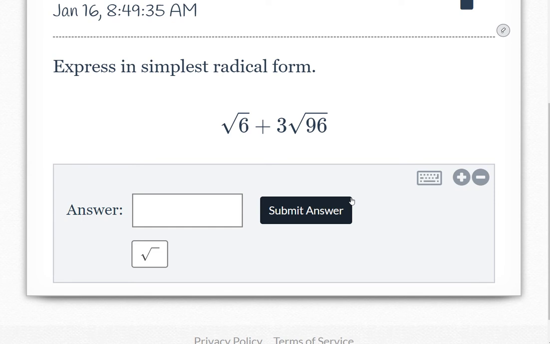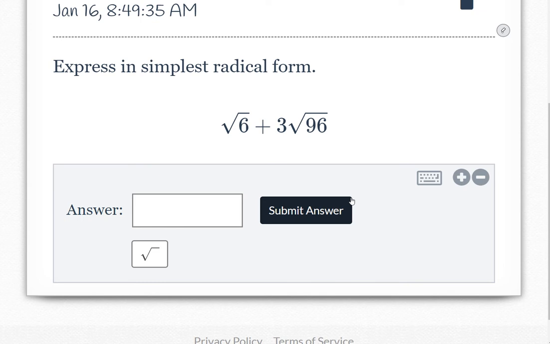You know what else could be good? Adding radicals. You got it? Where's your calculator? 48. I think you should just get it. What'd you get?